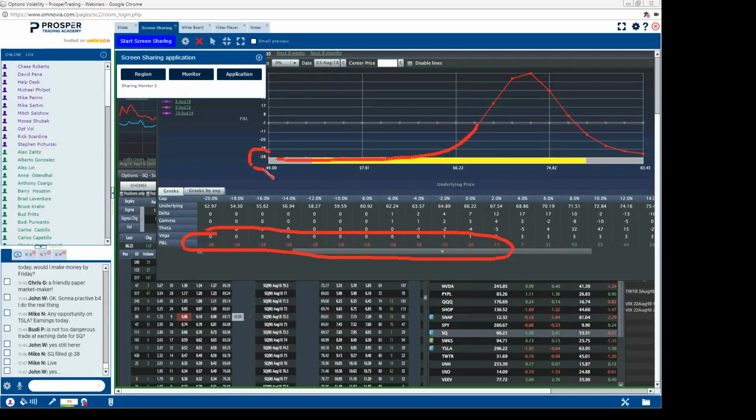And you can see no matter how far down the stock goes, what is the maximum we could lose? And Booty, to your point, this is why this is risk defined. We could never lose more than our investment.